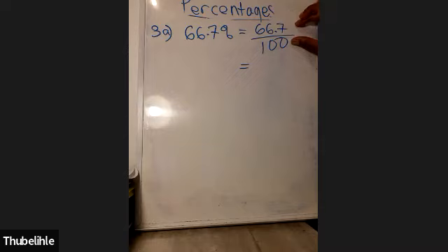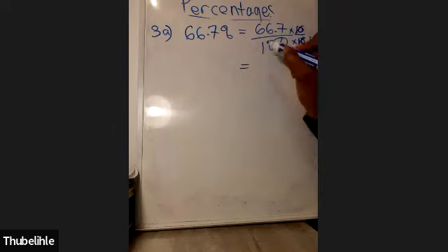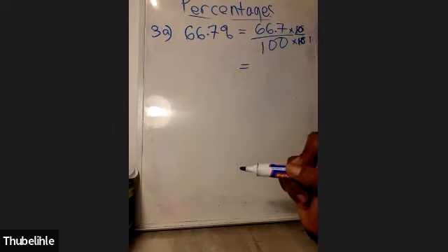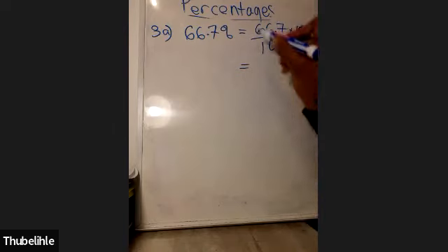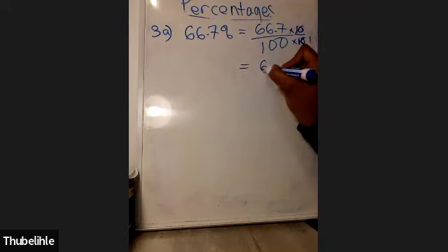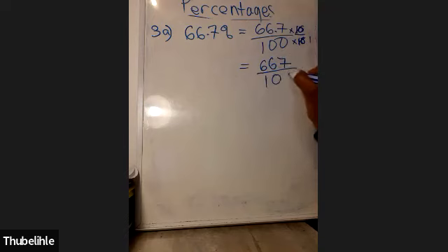It still maintains the same mathematical value because anything over itself is 1. So that's why we're saying here times 10 over 10. This is 1 because 10 into 10 is 1. We just want to get rid of the decimal point, but the value doesn't change. So we now have 667 over 100.